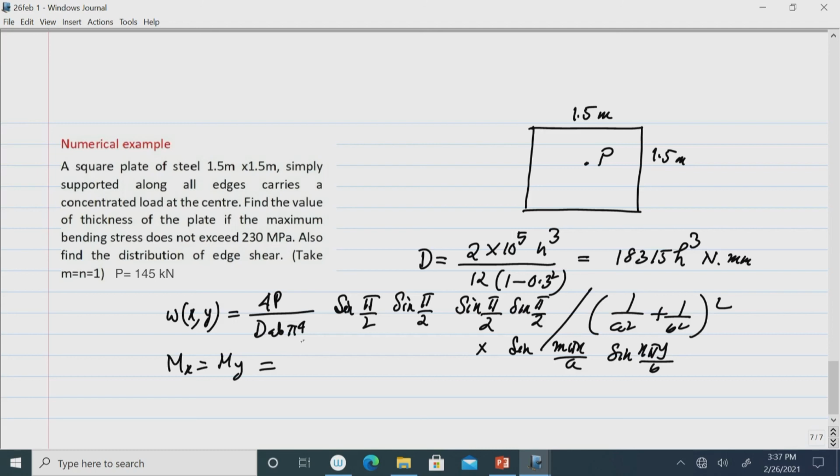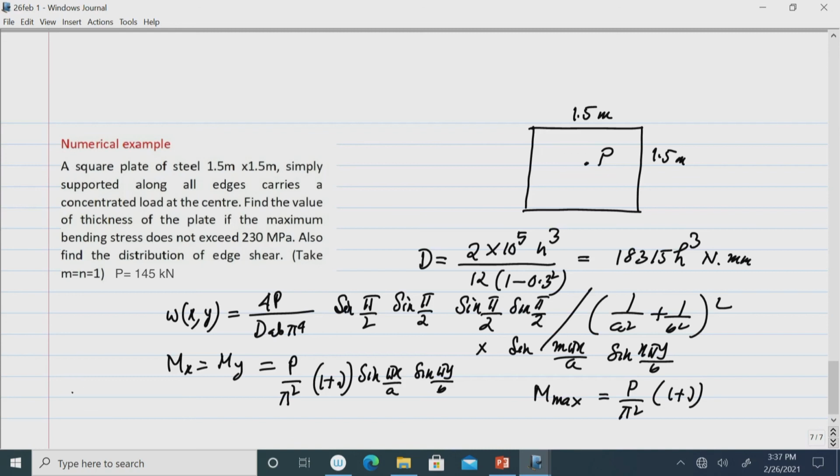So, m x is equal to m y, and you will get this value as P by pi square (1 plus nu) sin(pi x by a) sin(pi y by b). Again at the center, x and y equal to a by 2. So, you are getting maximum bending moment as P by pi square (1 plus mu).